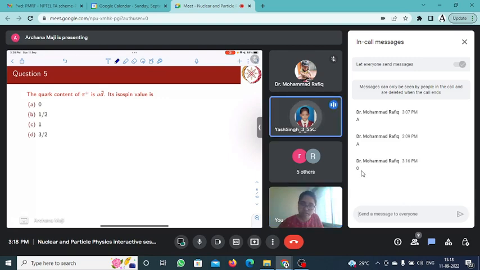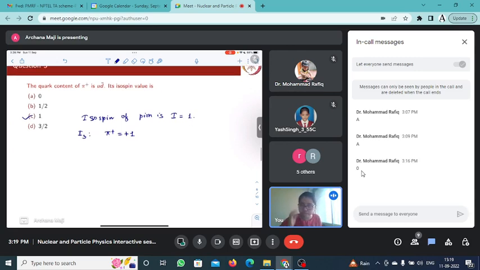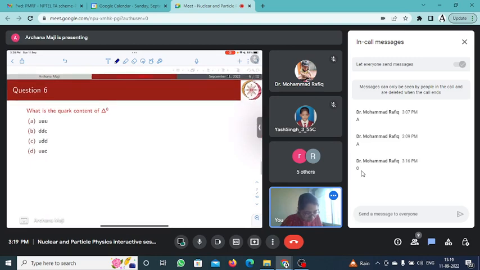Yeah, so it is plus 1. Isospin of pion is one, and for pi plus the third component is plus 1. And for pi 0 it is 0, and for pi minus it is minus 1. So whoever wrote 0, it is for pi 0, okay, not for pi plus.